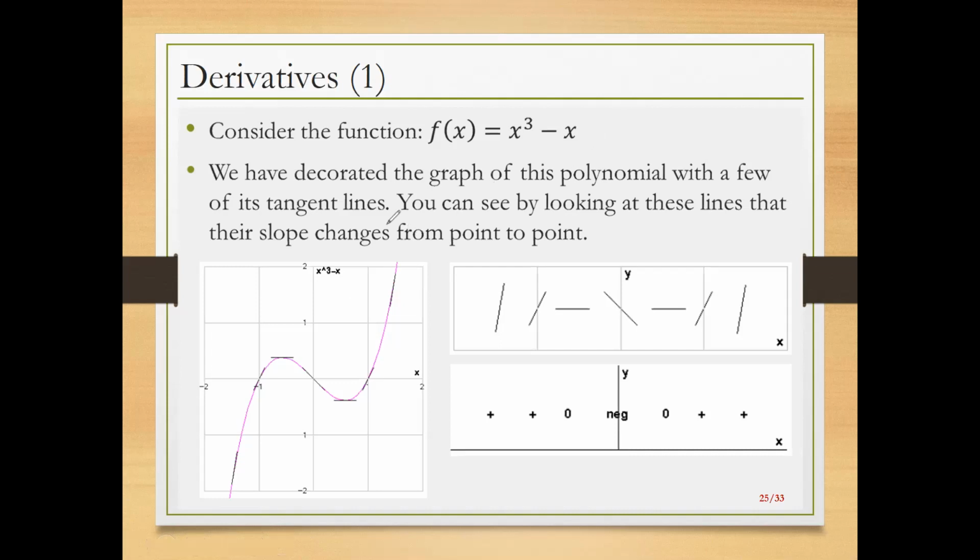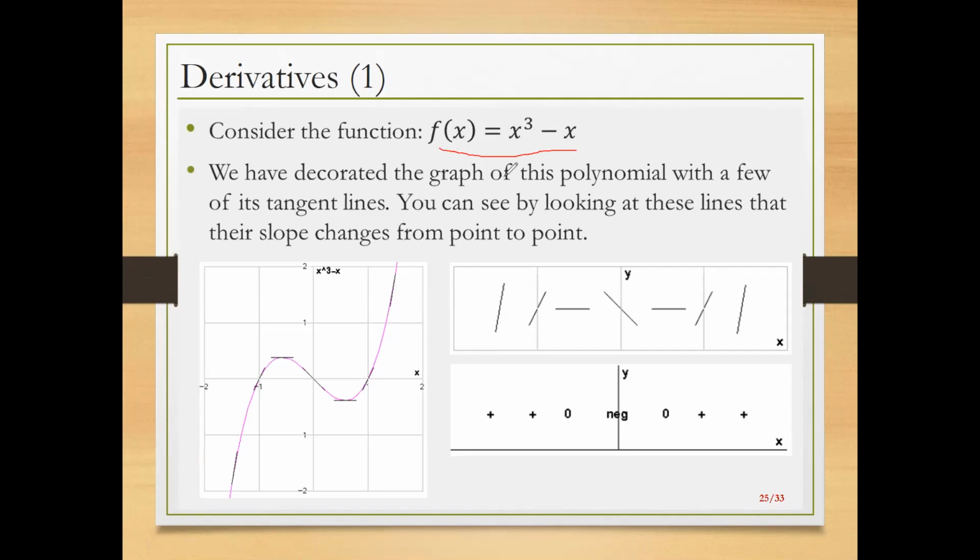So basically, what we want to do is look at a function, okay? And the function, for example, is this function given over here: f of x is equal to x cubed minus x. And what we want to do is take the derivative of this function.